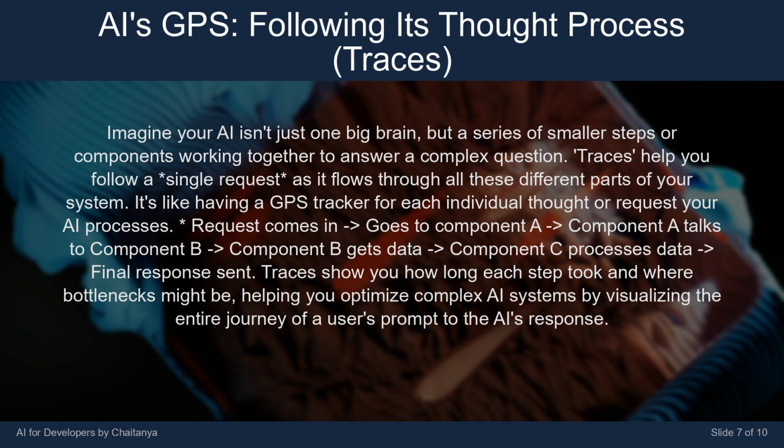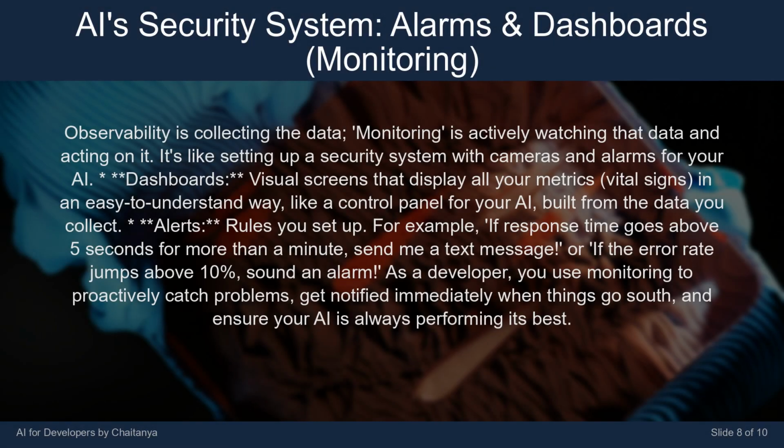Observability is collecting the data. Monitoring is actively watching that data and acting on it. It's like setting up a security system with cameras and alarms for your AI. Dashboards: visual screens that display all your metrics, vital signs, in an easy-to-understand way. Like a control panel for your AI, built from the data you collect.